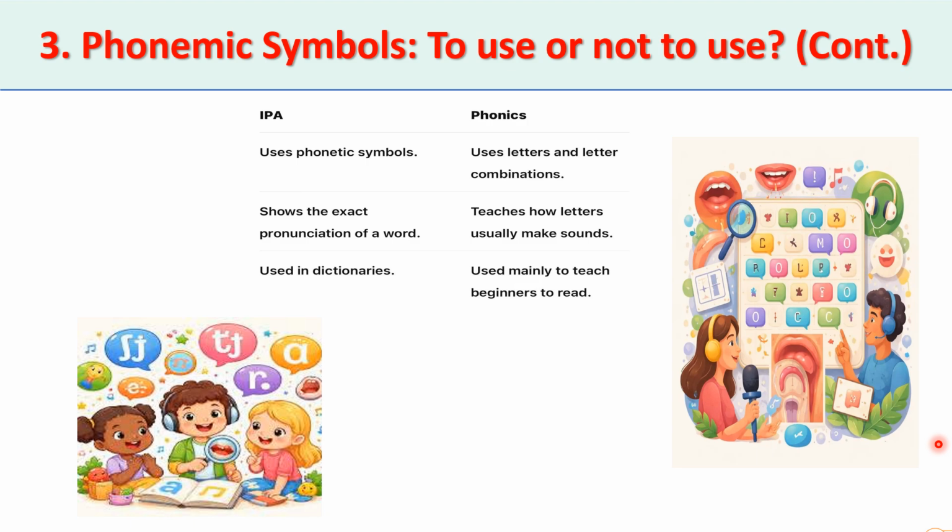For example, C, H: in phonics, C sounds k and H sounds h, so "kh" we cannot sound it. That's why we need IPA to help: CH sounds "ch." IPA shows the exact pronunciation of the word, especially in the dictionary.